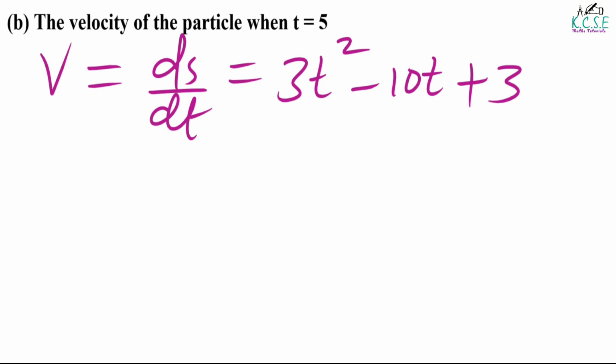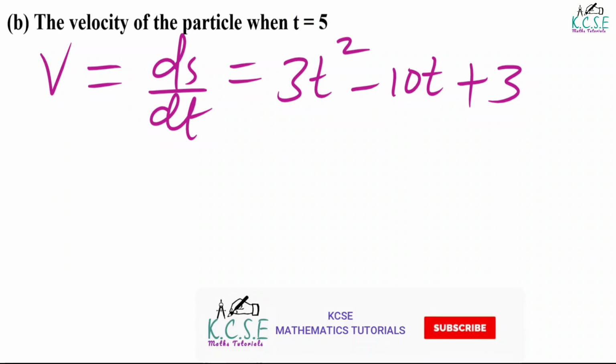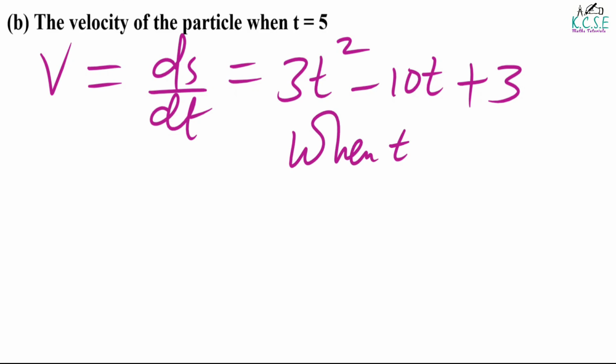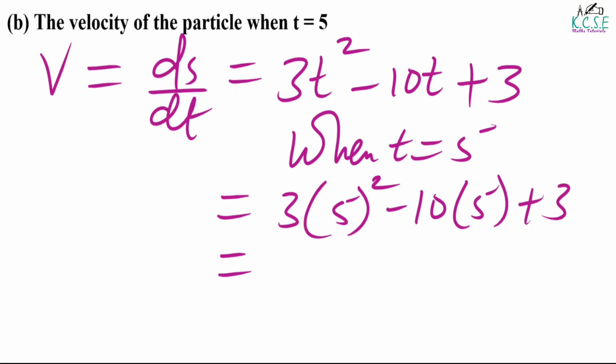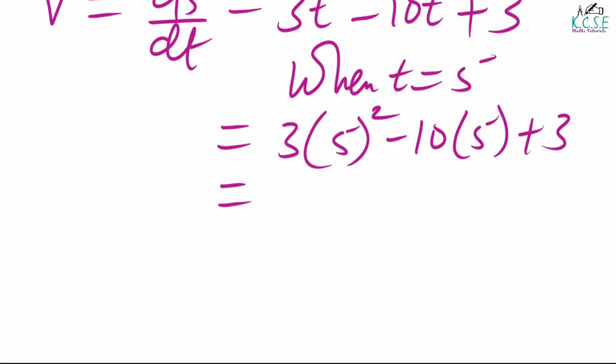Then we need to get the velocity. Since we have the expression for velocity as 3t squared minus 10t plus 3, when t equals 5, we just substitute: 3 times 5 squared minus 10 times 5 plus 3. 25 times 3 gives 75, minus 50 plus 3.